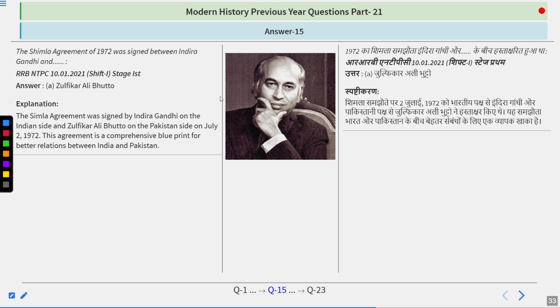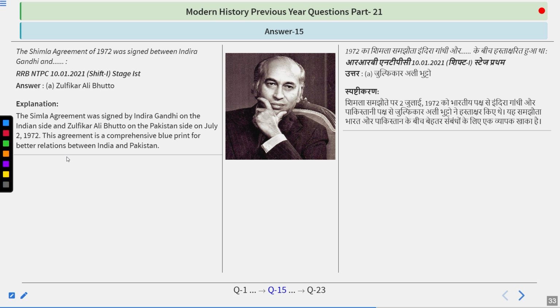So Shimla Agreement was signed by Indira Gandhi on the Indian side and Zulfikar Ali Bhutto on the Pakistani side on July 2, 1972. This agreement is a comprehensive blueprint for better relations between India and Pakistan. Under this agreement, the area which the Indian Army got under its control during the 1971 war was transferred back to Pakistan.